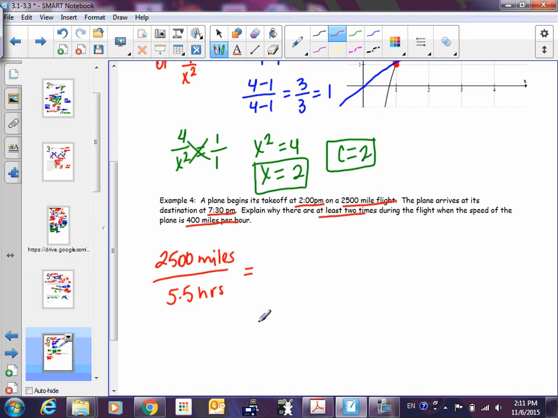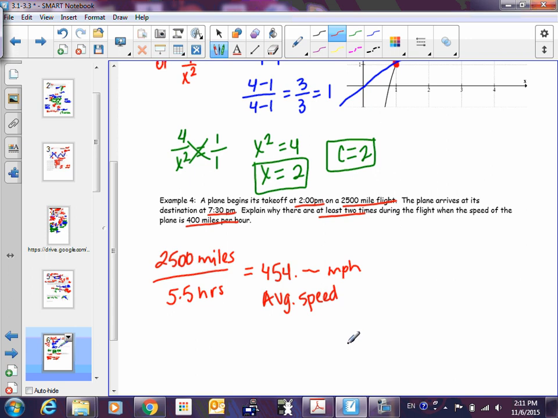So this gets you like 464 or 454 point something. Okay, not really concerned about that part, but it's over 400. This is our average speed. Okay, the average speed is 454 miles per hour.